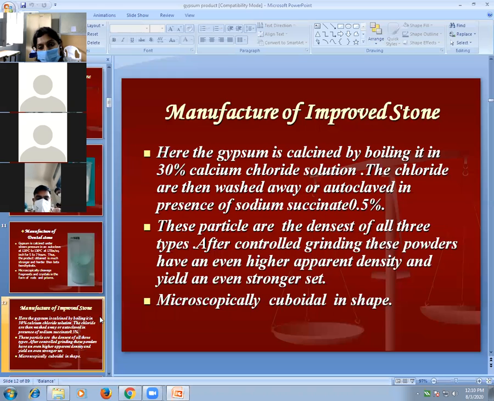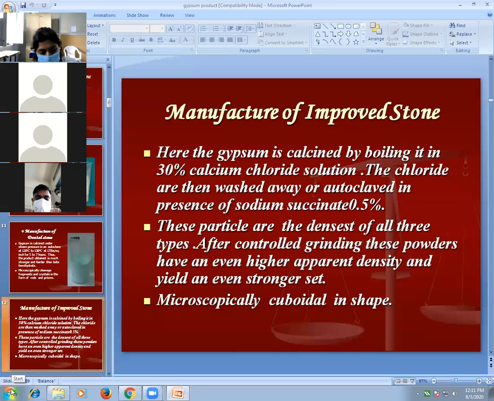These particles are the densest of all three types. So after controlled grinding, this powder has an even higher apparent density and yields an even stronger set. The particles we get after manufacturing in the presence of chemicals like calcium chloride and sodium succinate are very dense, and the crystals are arranged properly, so there is less porosity compared to even dental stone.